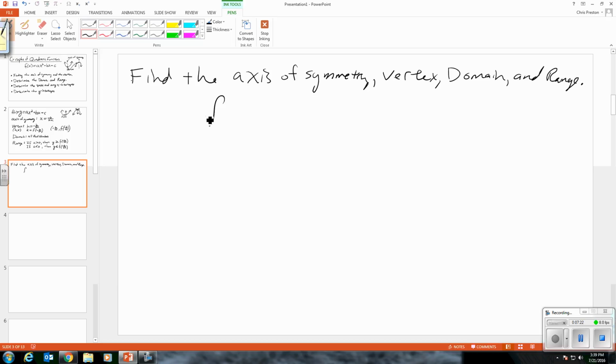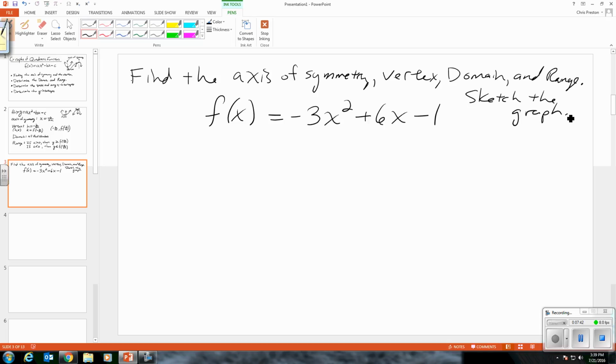They give us a function f of x equals negative 3x squared plus 6x minus 1. And let's also say we want to sketch the graph. We'll put that in there using this information. So I'm going to start with the axis of symmetry.